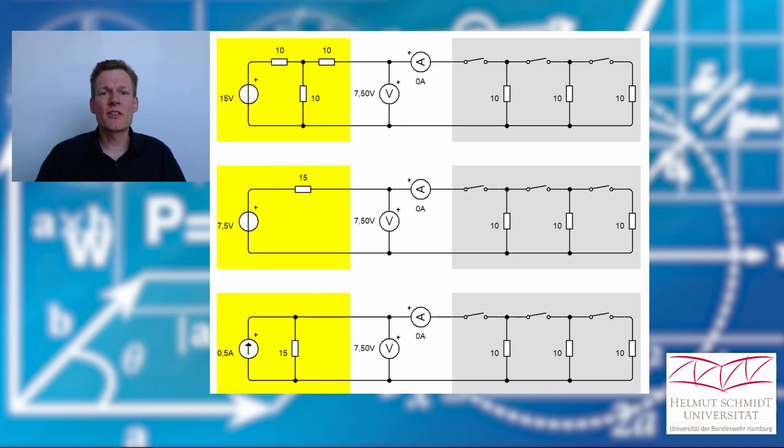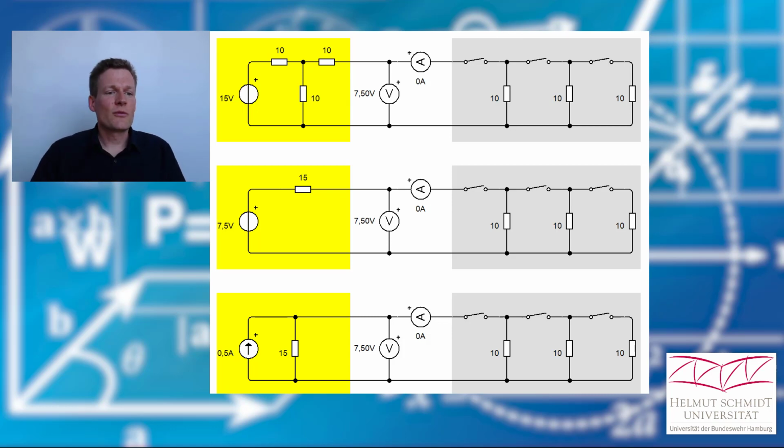I prepared another simulation for you. We have 3 circuits. In the yellow boxes, at the top we have our original circuit. In the middle we have our practical voltage source, and then we have our practical current source. I said that all 3 circuits should have identical behavior.